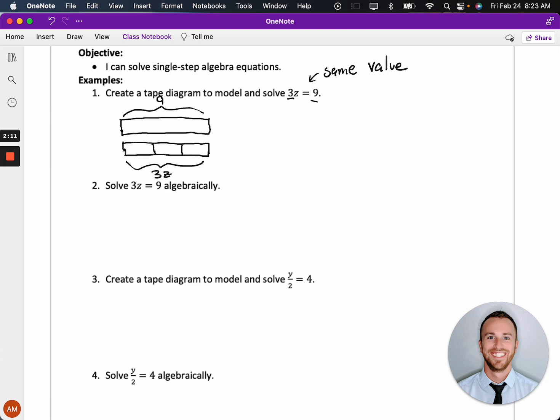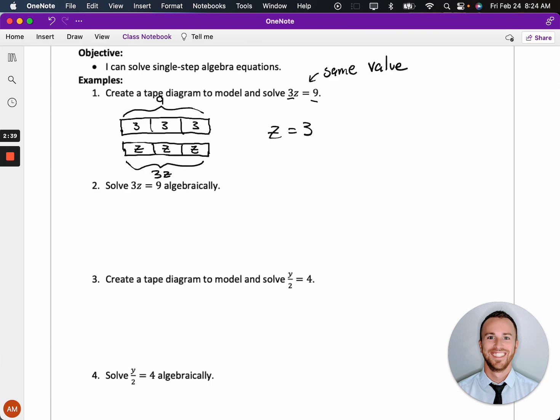I know that if I take the 9 and split it into 3 sections, each one is worth 3. So when I look at that, I can see that z is equal to 3.